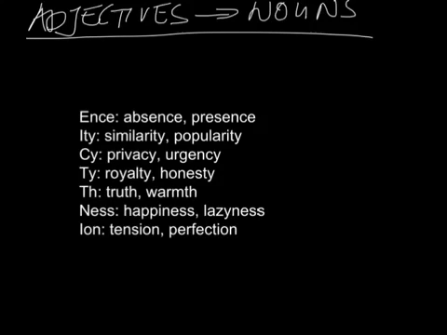From private, we get privacy, and from urgent, we get urgency. From royal, royalty, etc., etc. So these are adjectives forming nouns. What you see here are all nouns coming from the adjectives, such as absent, royal, true, happy, tense, perfect, turning into perfection, tension, truth, etc.